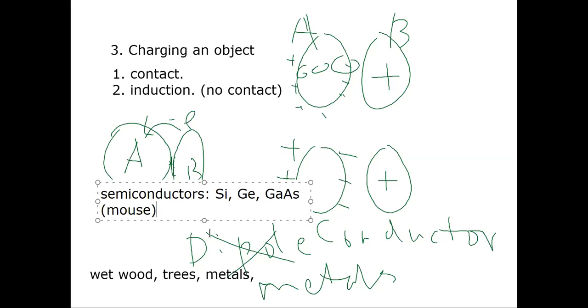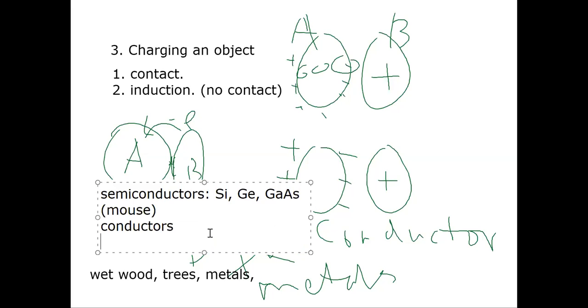Once again, I want to emphasize, we have conductors and we have insulators. And so the way that you charge the material is different. Semiconductors in many ways are like insulators, but they're semiconducting, so they become very useful. You can use them in LEDs, or light emitting diodes, or transistors.